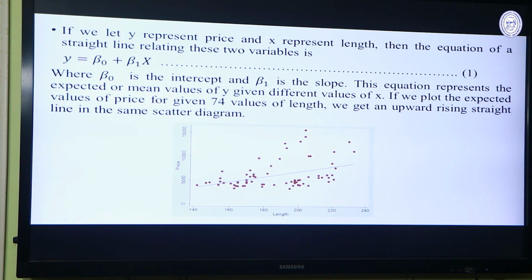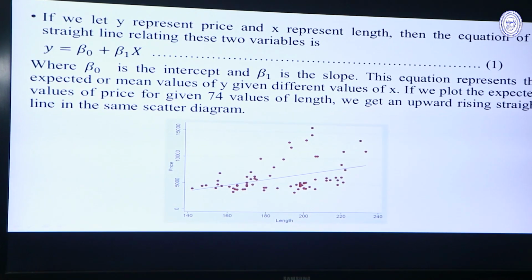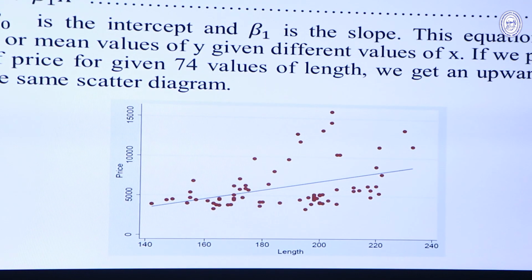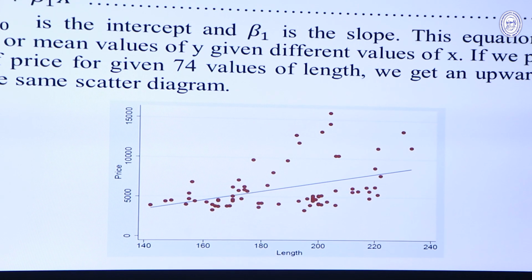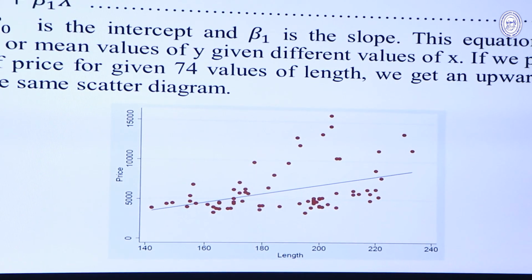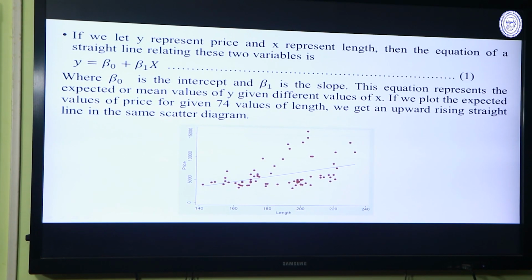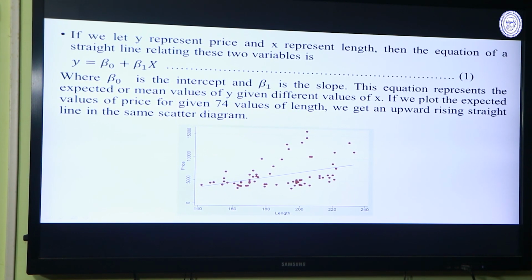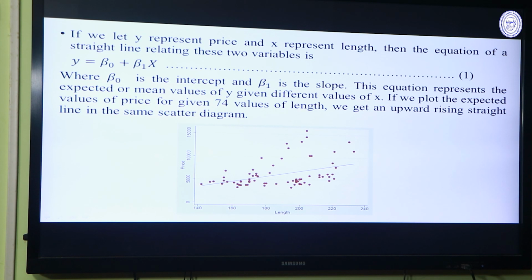So, for 74 different values of length, solving this equation we are getting expected values of y, that is, expected values of price, which is the mean value. Now, if we plot only those mean values in the same diagram and then we just join them, then we are getting the blue straight line, which is upward rising.